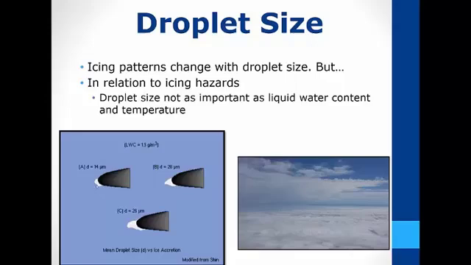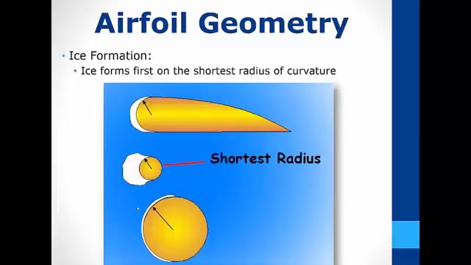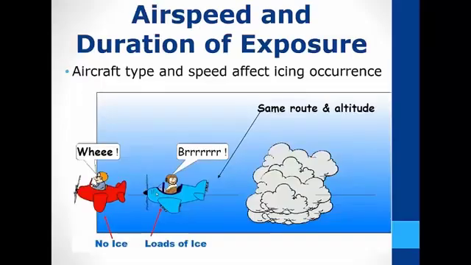So that's where you start to see ice build up, on the leading edge of the wing where the radius of curvature is smallest, and then you will see that ice continue to grow and increase in scope over time. Really, the duration and exposure you have can impact the potential for icing on an aircraft.